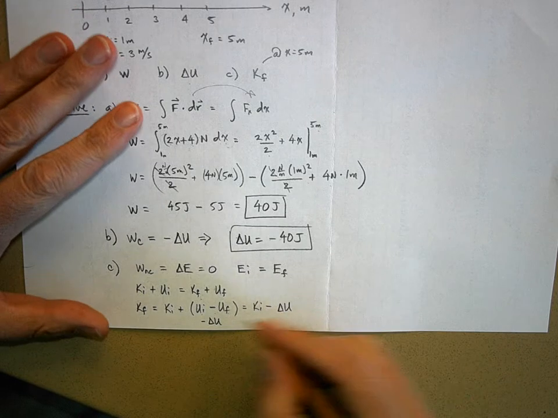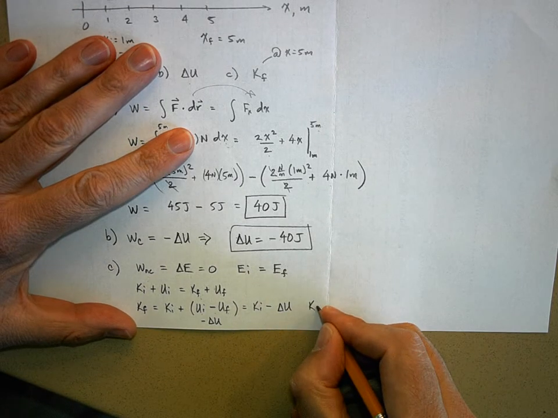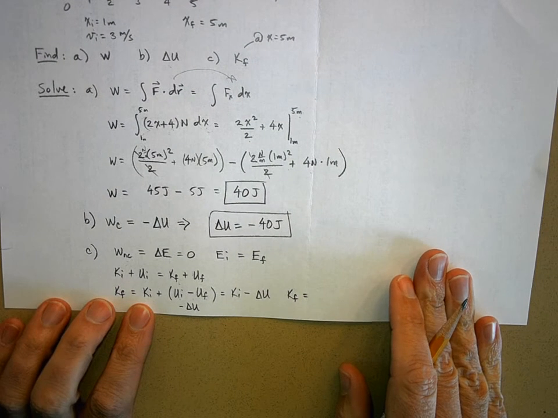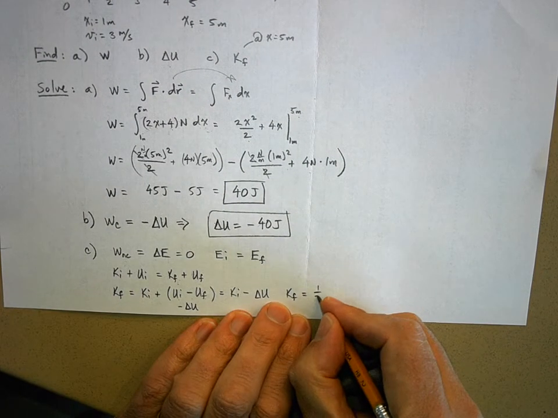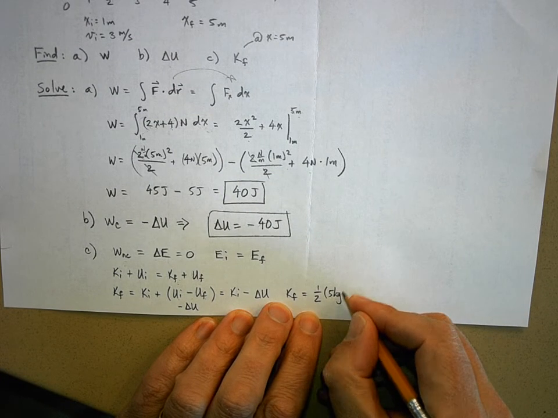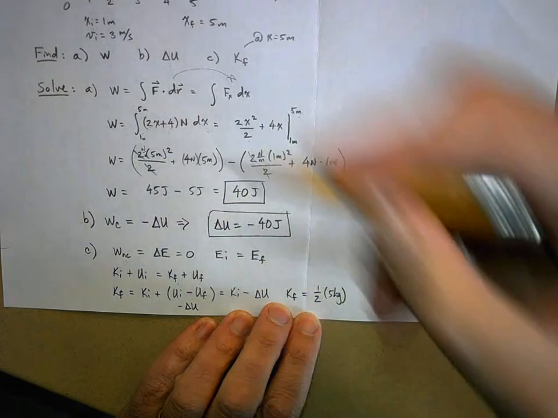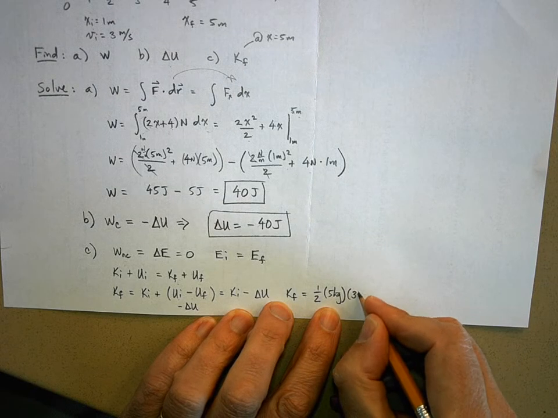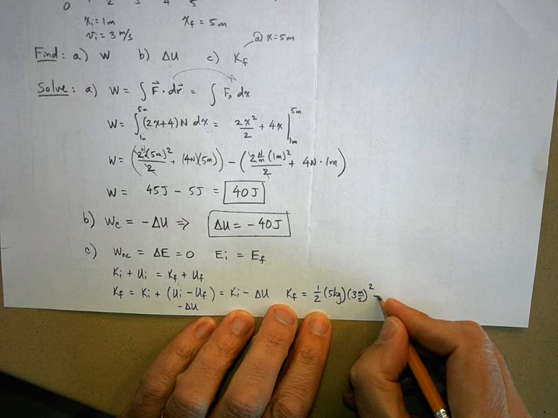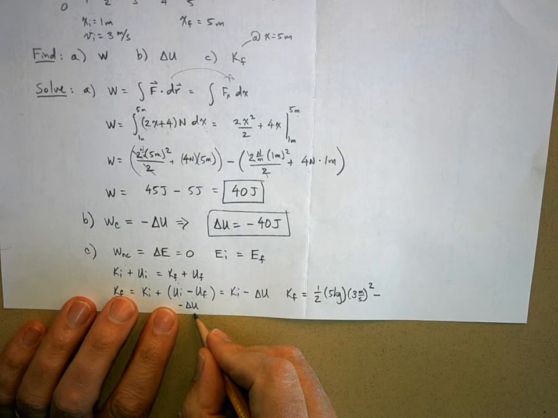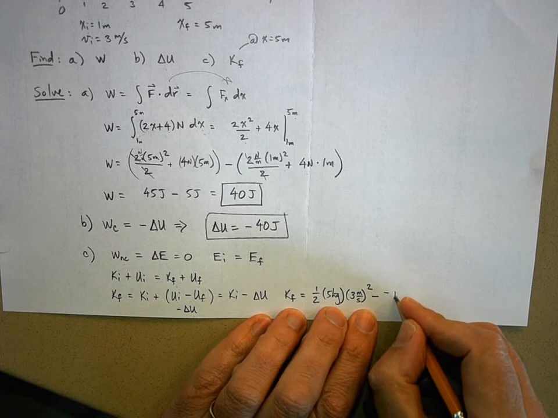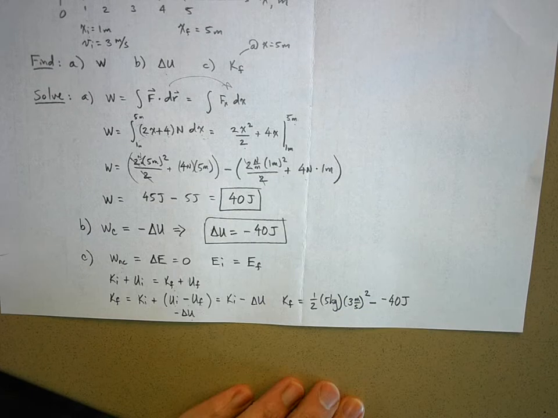So let's solve for K final now. K final is equal to K initial, but that's 1/2 the mass, which is 5 kilograms, times the initial velocity squared, minus delta U. Well, delta U is negative 40 joules, so minus negative 40 joules.